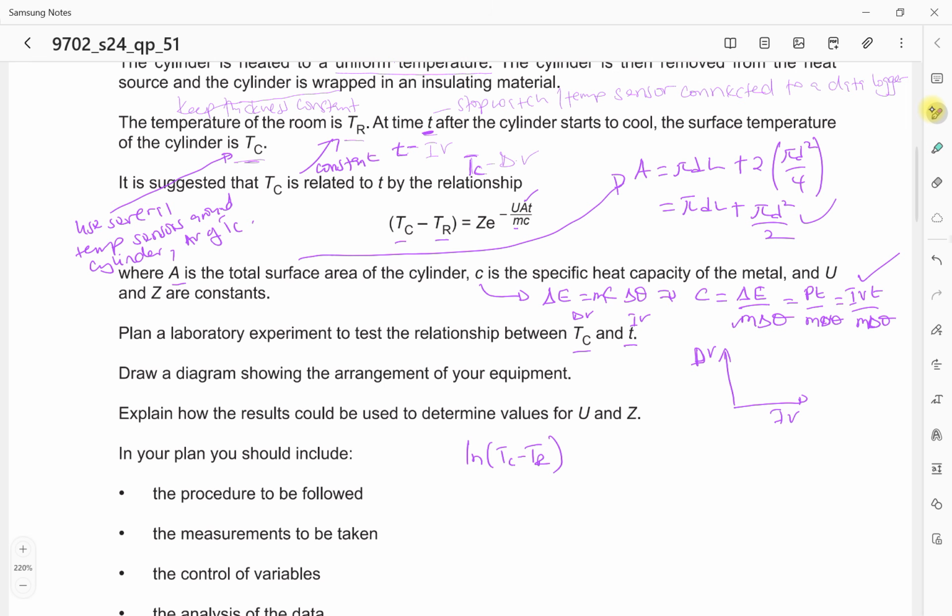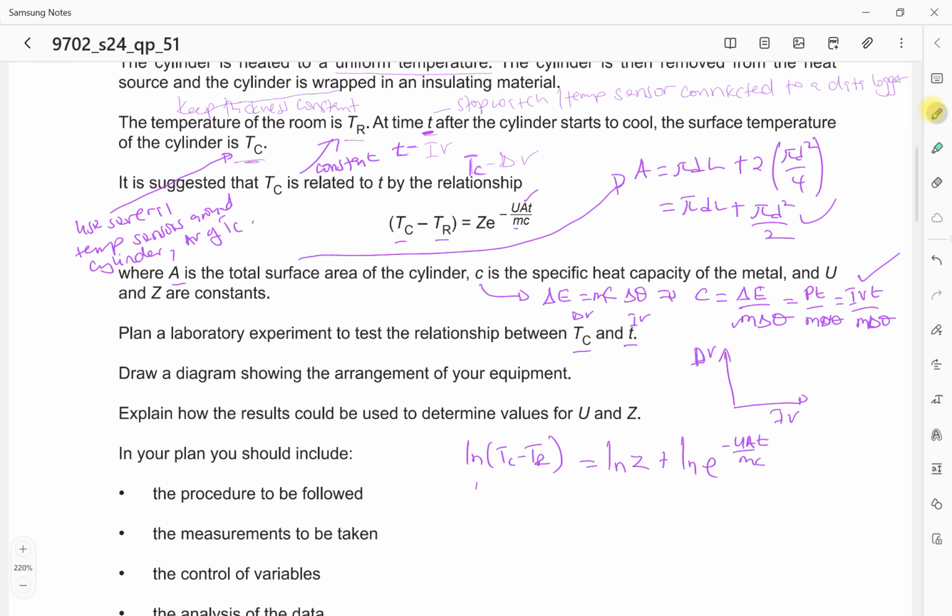After all, Tr is a constant. So it is only Tc which is always going to change, and the difference will change automatically if Tr is constant. So ln of Tc minus Tr is going to be equal to ln of Z plus ln of e power minus UAt divided by mc.